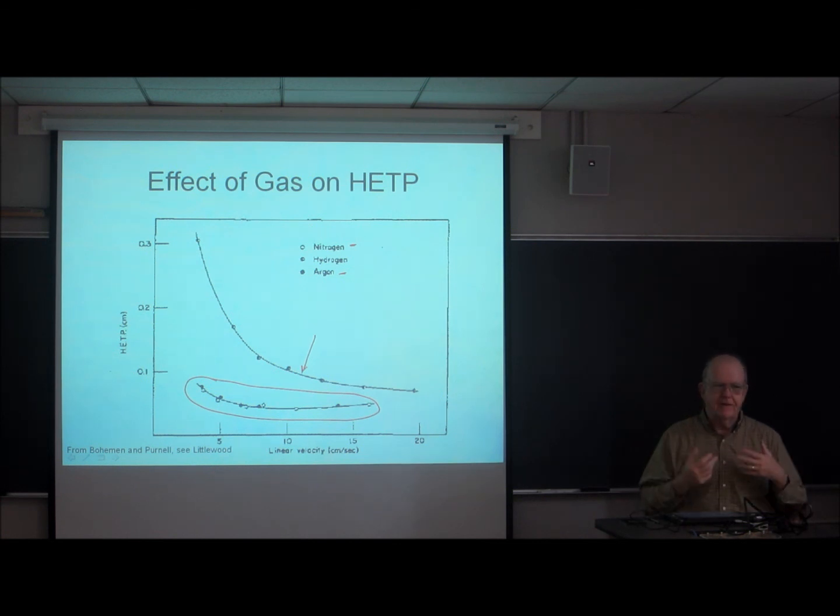And the heavier the carrier gas is, the nitrogen, the argon, the slower is the diffusion coefficient of the analyte. So over here, where the B term of the Van Deemter is dominant, if you lower the diffusion coefficient of the analyte, the peak gets narrower.